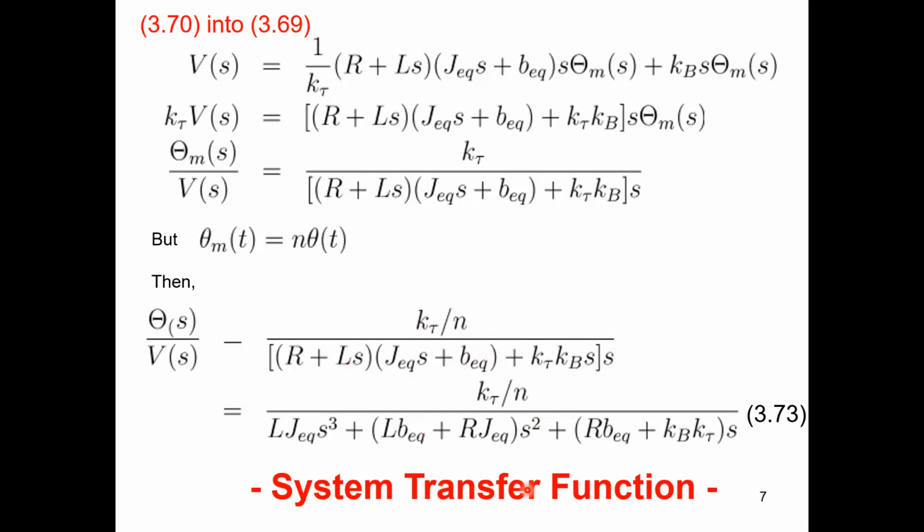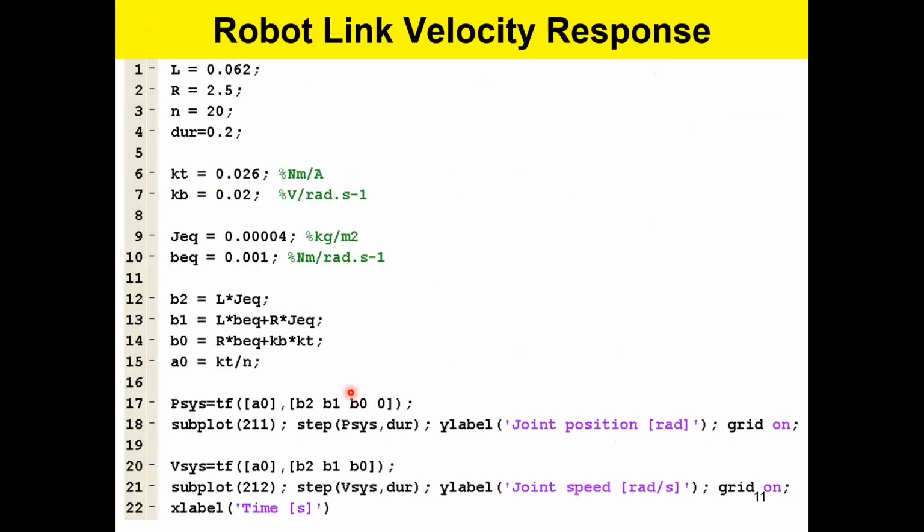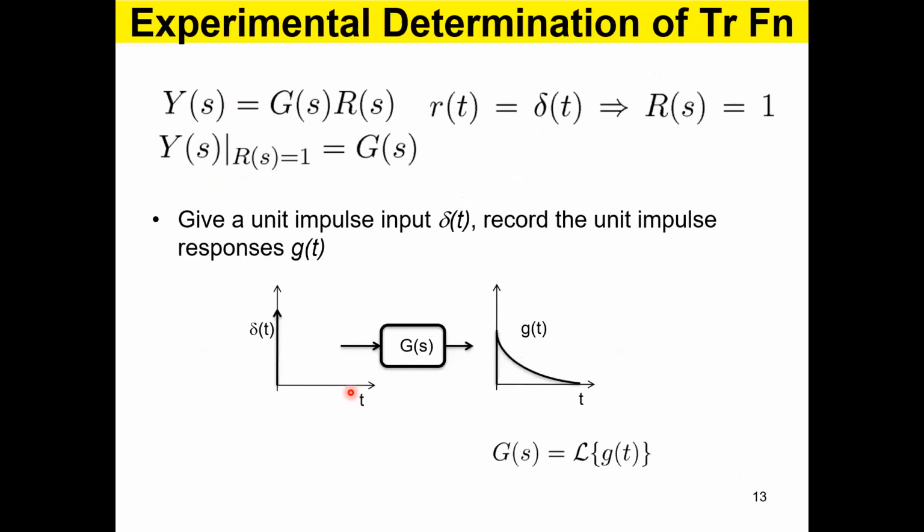So if I replace this whole thing with the symbol G(s), I get this one. Y(s) is the response over R(s), the reference or input. So output over input is equal to G(s). So G(s) is a rational polynomial of s.